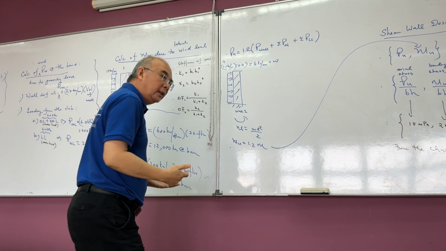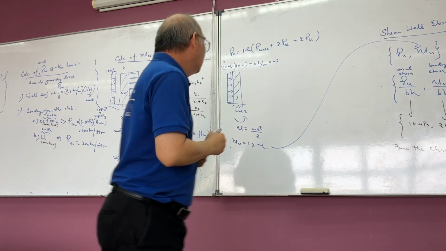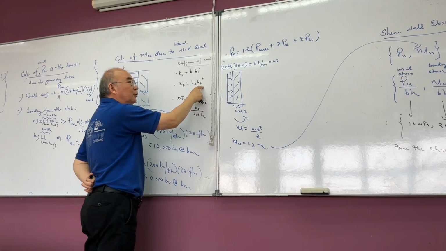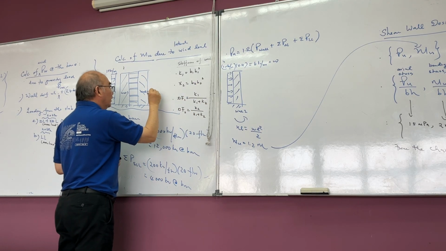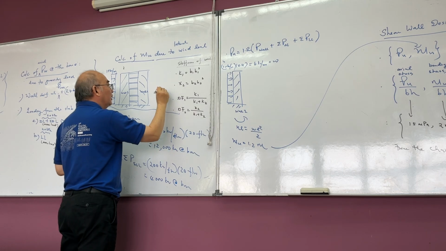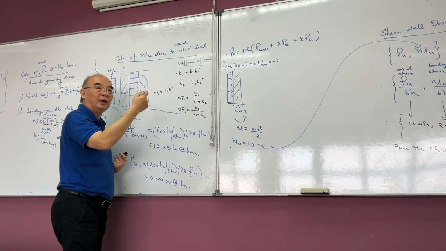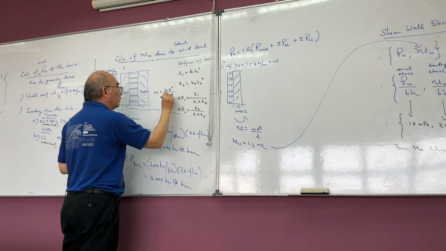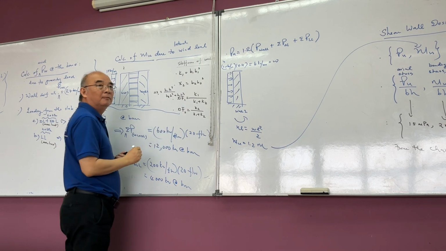So let's make things simple. I couldn't remember the size of the wall, but let's say H1 is equal to H2, right? So distribution factor 1 is equal to K1, which is B1 H cube. I say H1, H2 is the same, so I just use H. Then here will be B2 H cube: B1 H cube plus B2 H cube, right?